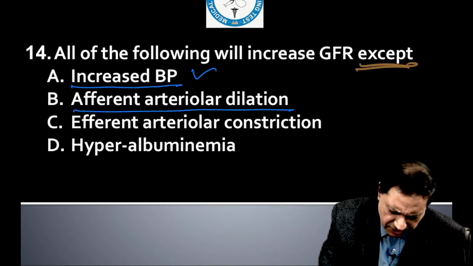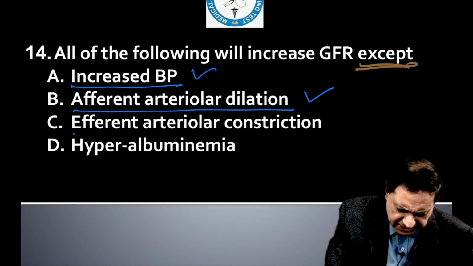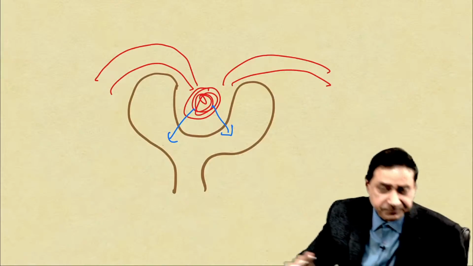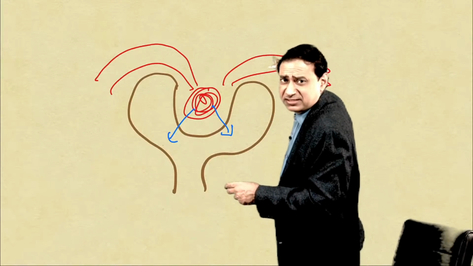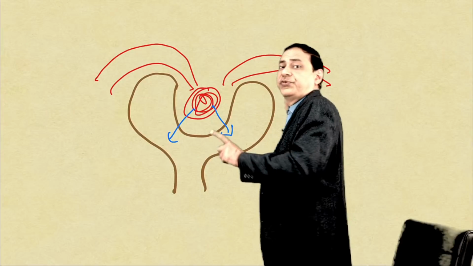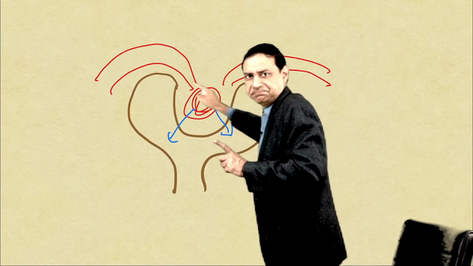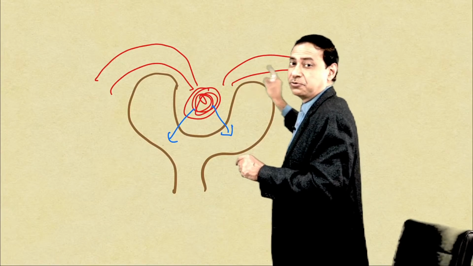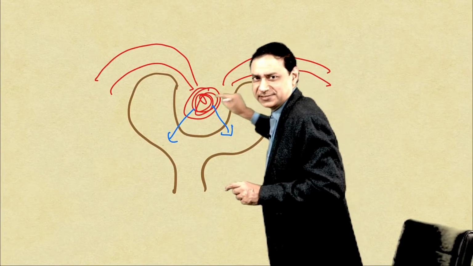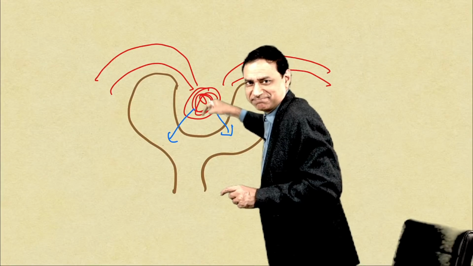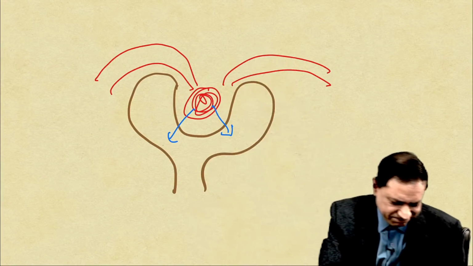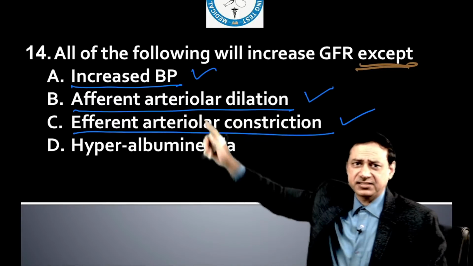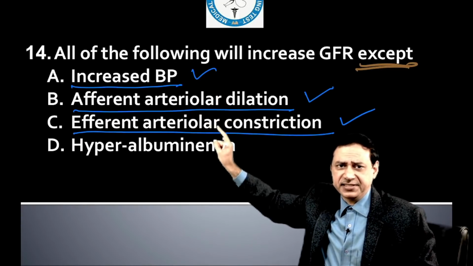So this will also increase GFR. Efferent arteriolar constriction. If this constricts, the outflow of blood is blocked. More pressure here, more GFR. Okay. Here GFR increased, here increased, here increased.